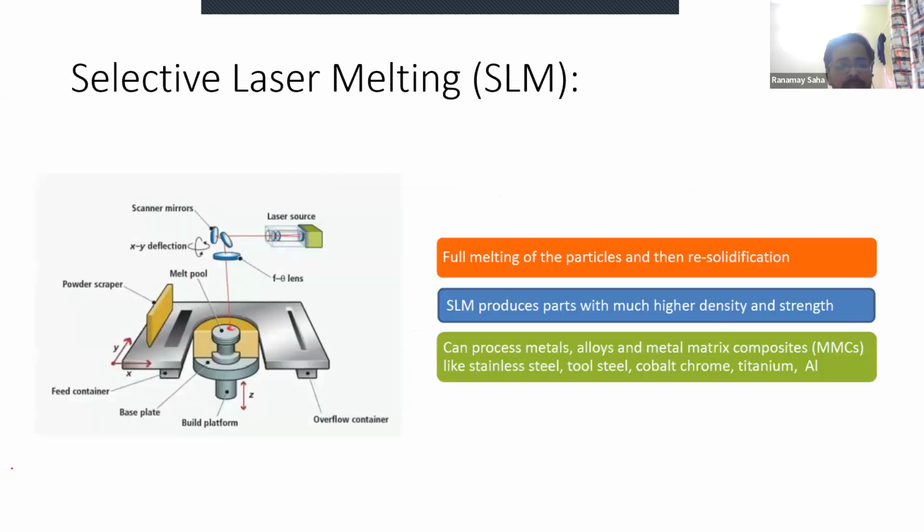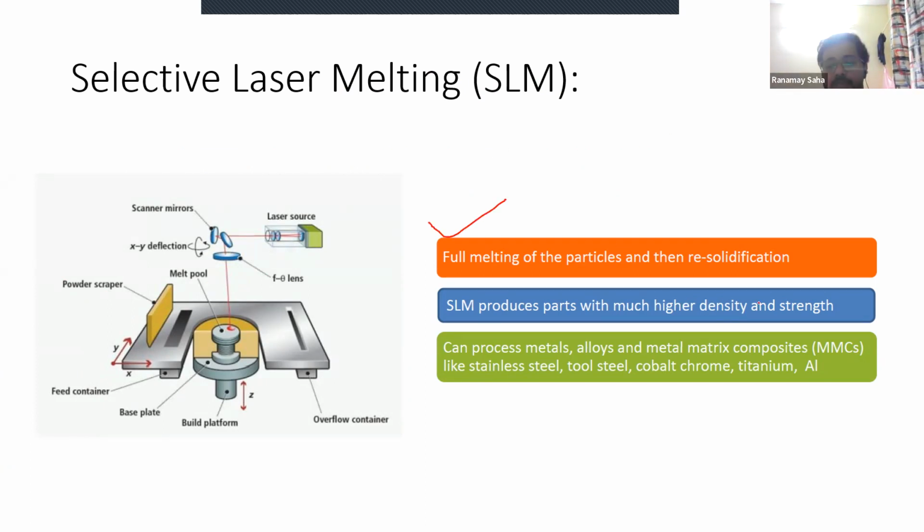And then the next one you have is selective laser melting, and the process is pretty much similar, but the powder is actually melted in this case. So full melting of the particles, and then you have your resolidification.